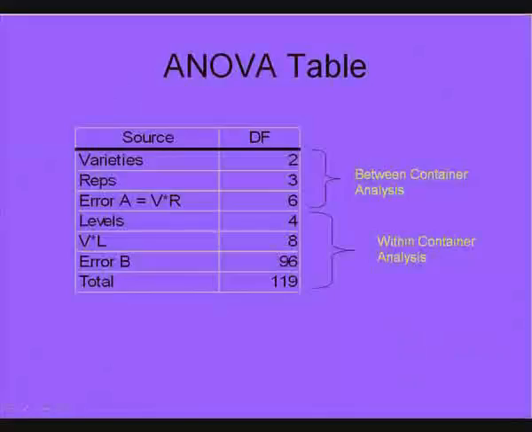So in the ANOVA table, you have a between container, between coffee can analysis, and a within coffee can analysis, or test tube analysis and coffee can analysis might be another way to denote those two things.